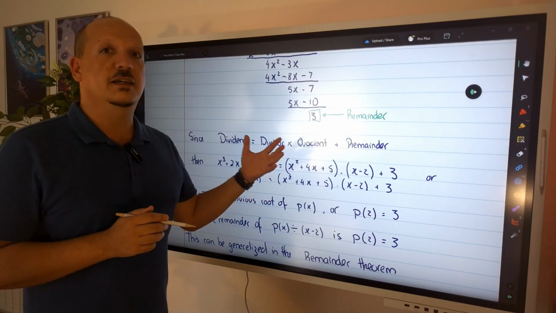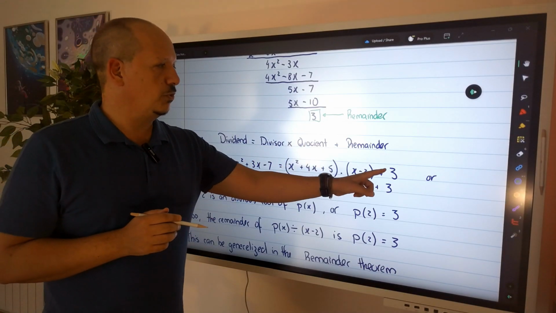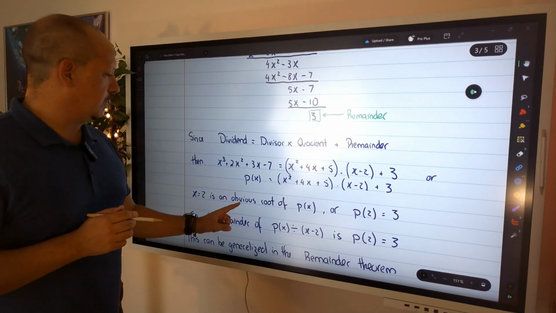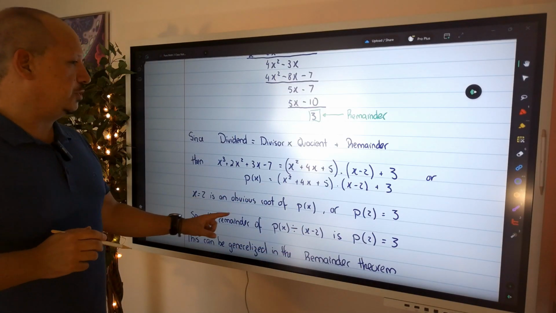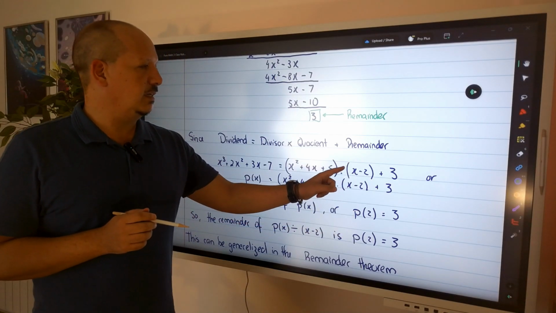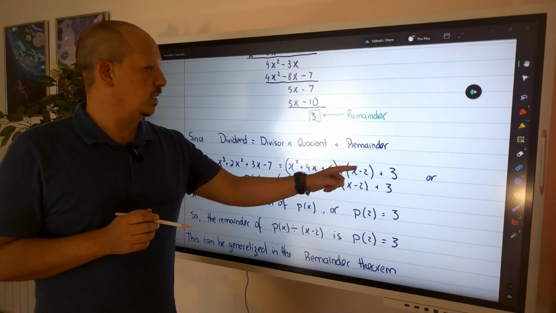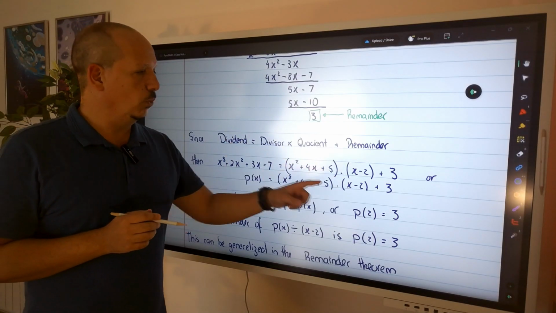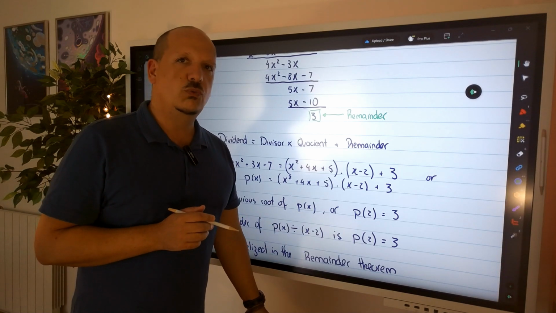Multiplied by this, it is going to be 0. So what you are left with is the remainder 3. Okay? So that's what it means over here. Substituting the value that zeros the divisor on the whole polynomial will yield just the remainder.